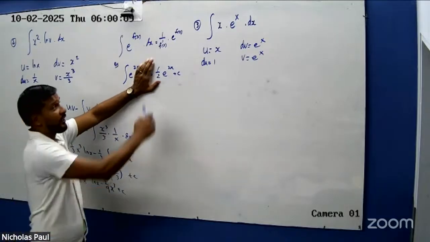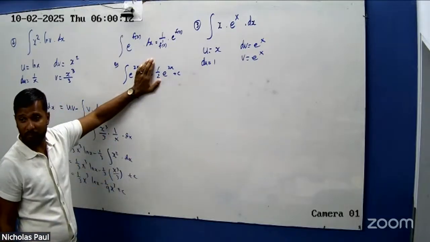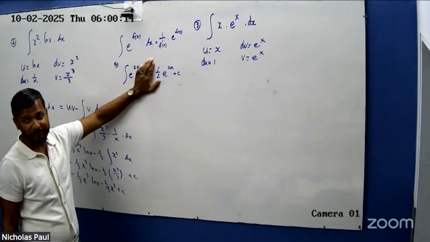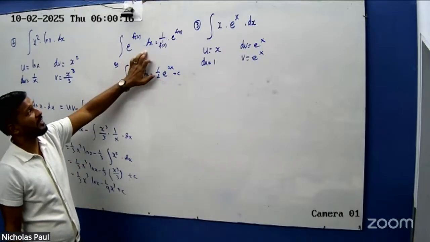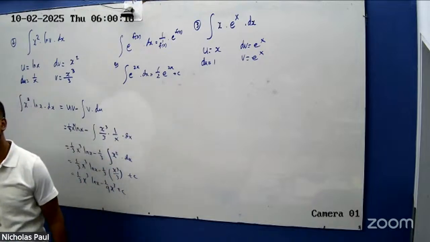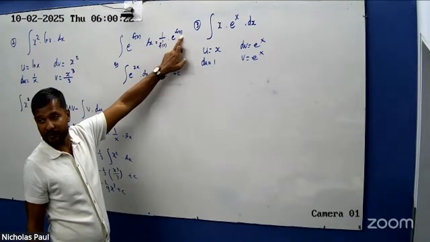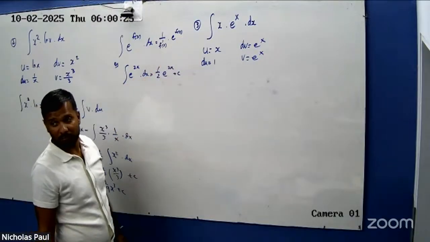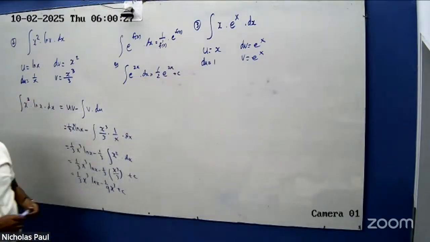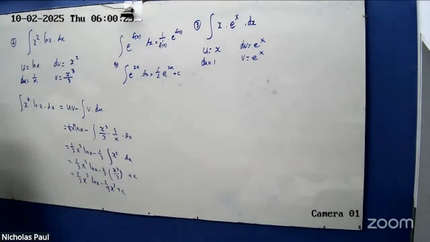You differentiate the power, put it in front. Remember that? Alright, write it down if you can remember it. It's 1 over the differential of this. So the integral of e to the x is e to the x.